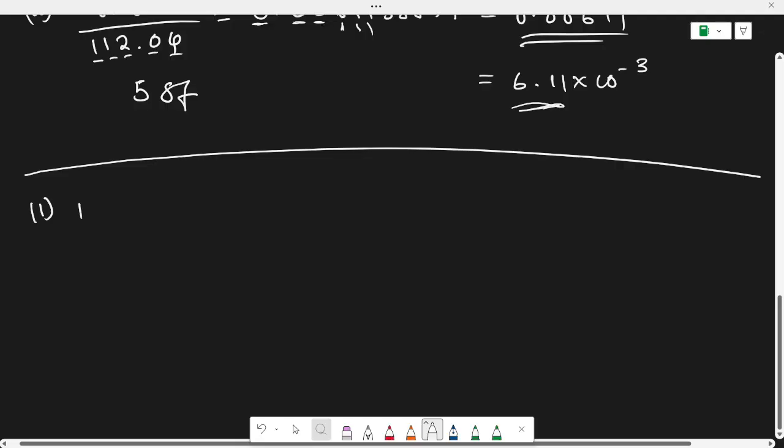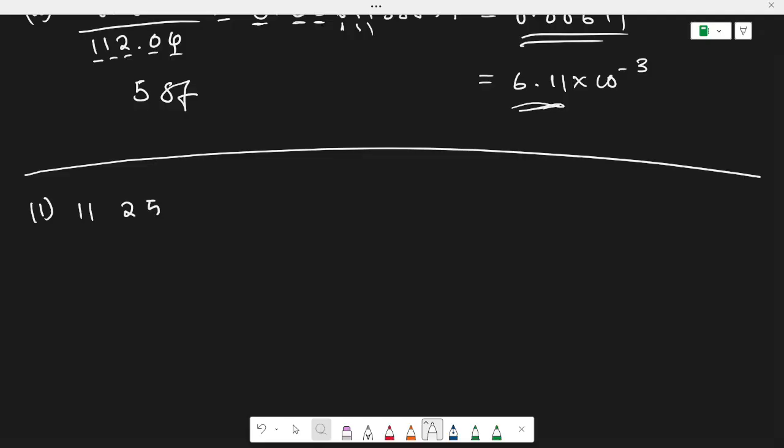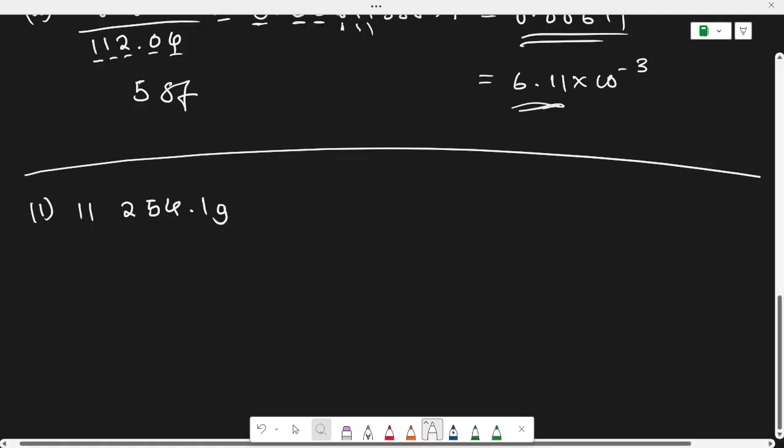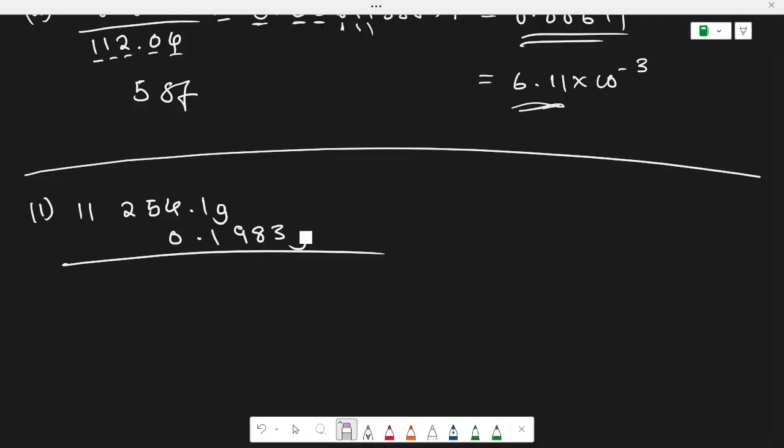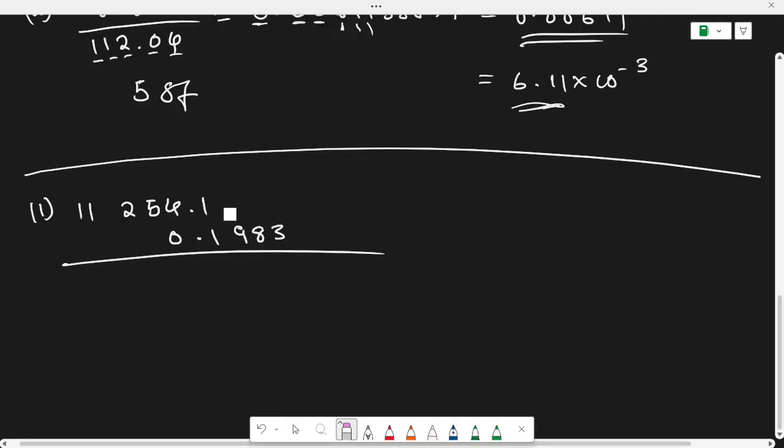So we have 1124.1 grams. Then we are adding 0.1983 grams to this. Okay, let me just remove the grams so that there is no confusion.